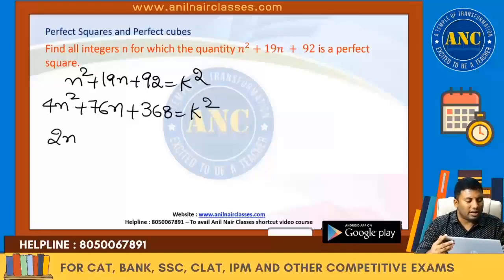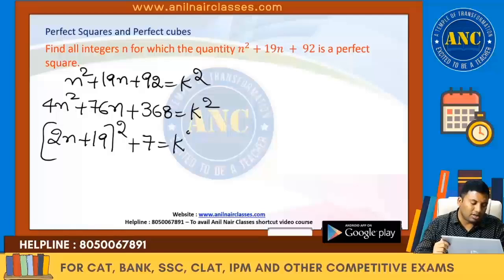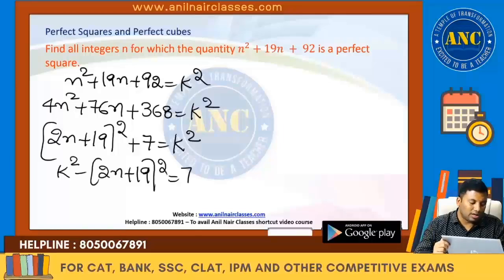Can I write it as 2n plus 19 whole square? 2n whole square is 4n square, 2 into 2n into 19 is 76, plus 7 equivalent to k square. This is nothing but k square minus (2n plus 19) whole square equivalent to 7.